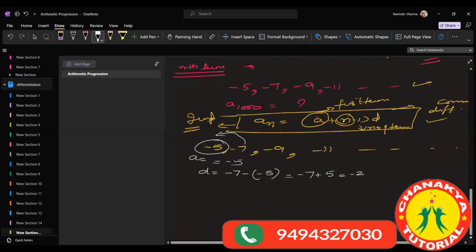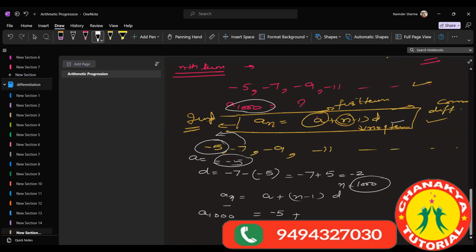Now we have to find the 1000th term. It means the value of n is 1000. So put all the values in this formula: an is equal to a plus n minus 1 into d. Now a1000 is equal to the value of a, -5, plus the value of n, 1000, minus 1, into the value of d, which is -2.